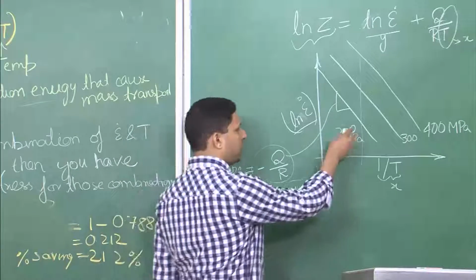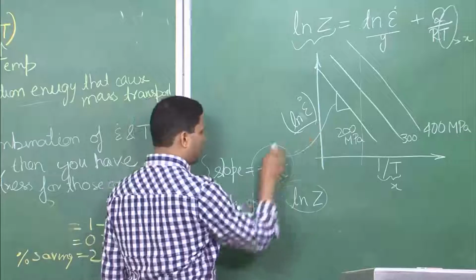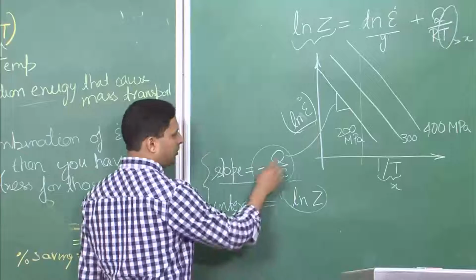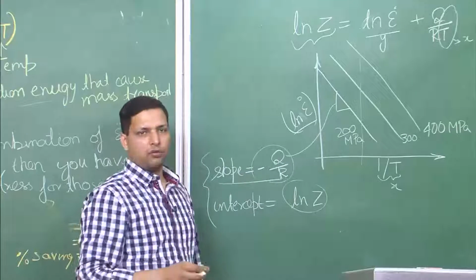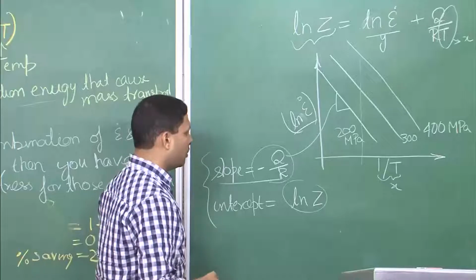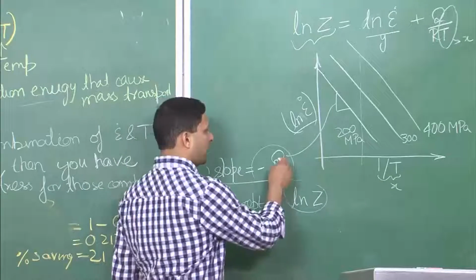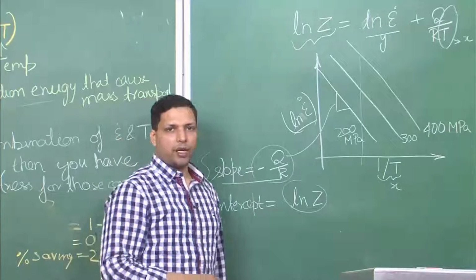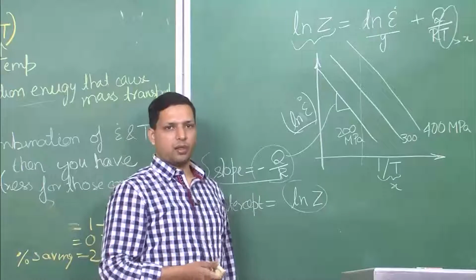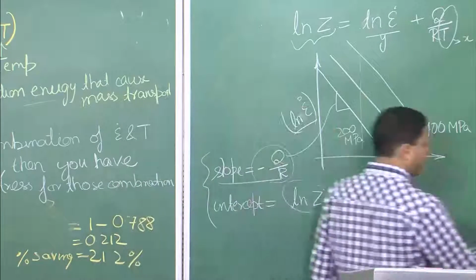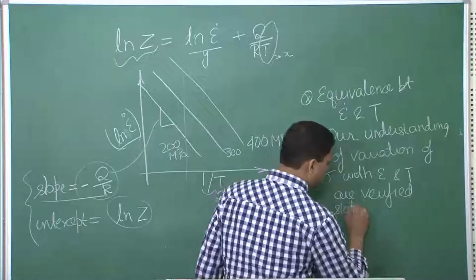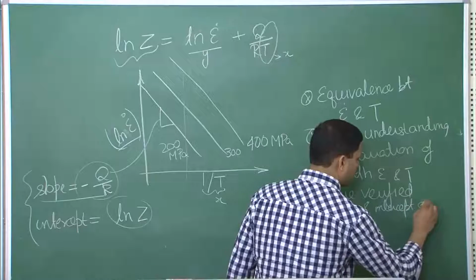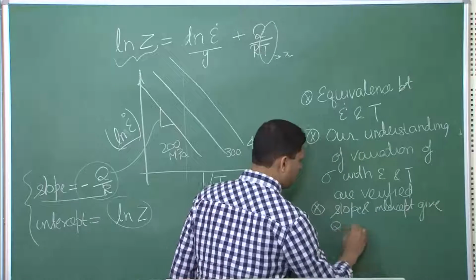Then from this experimental plot you can measure the slope, and from the slope you will be able to measure minus Q by R, and since R is a universal constant, you will be able to get Q. So, you see, we do not need to get into the intricacies of what particular process is taking place, but just by measuring the slope, you can find out Q, and in fact you can understand from this what kind of mass transport phenomena is taking place. So, the final one is that slope and intercept give Q and Z values.